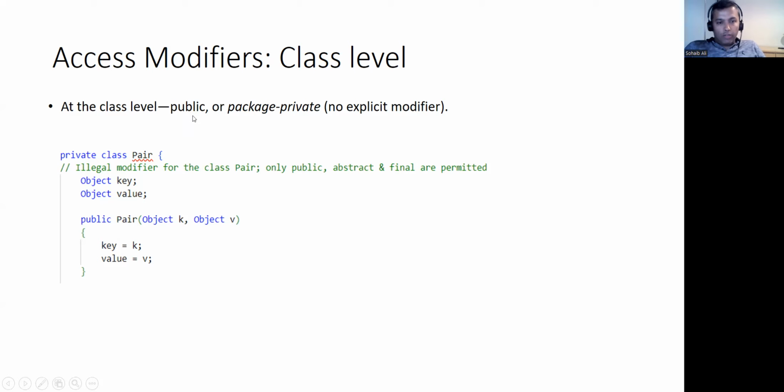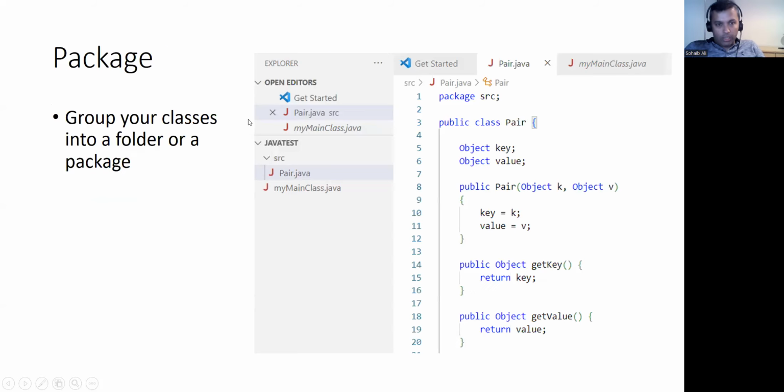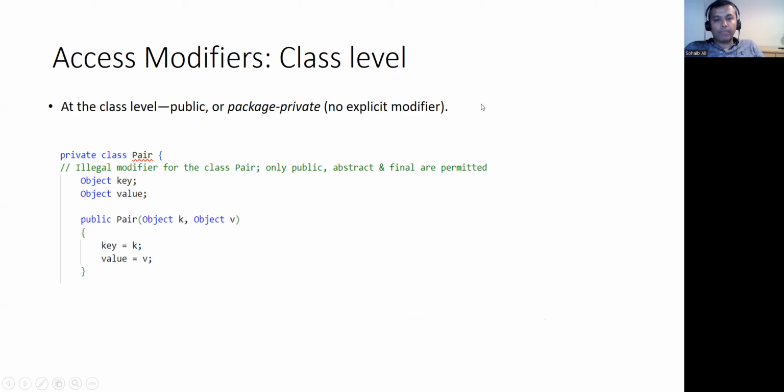At class level you can only have public, or if you don't write anything, by default that class is package private. And by that I mean that class will be available to all the other classes that share the same package. So this is how you cannot have private classes.